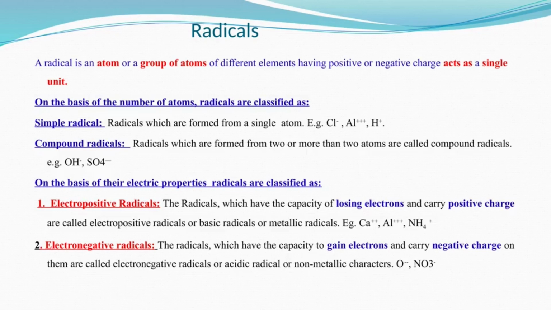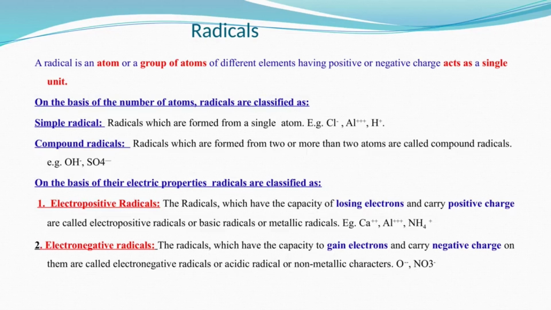A radical is an atom or a group of atoms of different elements having either a positive charge or a negative charge, and acting as a single unit. During a chemical reaction there will not be differences between the elements involved; they will behave like a single unit.